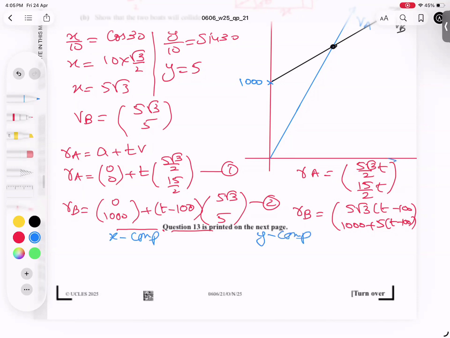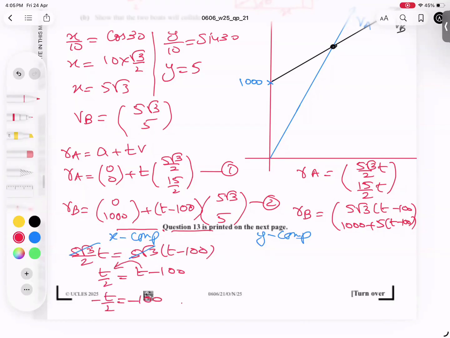X component means this equals this, and Y component this equals this. So 5 root 3 over 2 T equals 5 root 3 times T minus 100. So 5 root 3 cancel. I get T by 2 here and T minus 100. This comes to this side. I got negative T by 2 equal to negative 100. So T value I got 200 seconds from here.